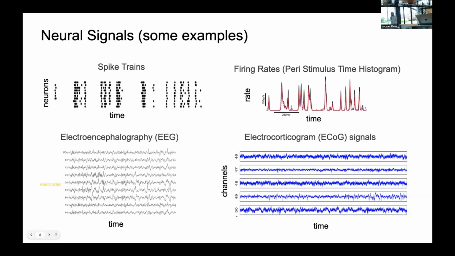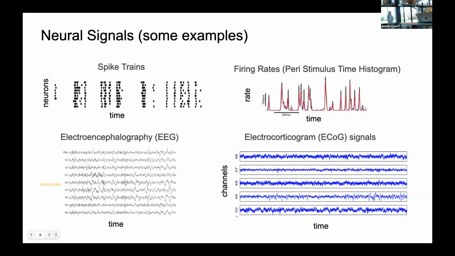So I'm just talking about what I mean by neural signals. Based on the applications and the recording modalities, we can have several kinds of neural signals. If we have electrodes sticking into the brain, we can record the actual spiking activity of the neural populations. We can smooth it out and use the firing rates over time as neural signals.